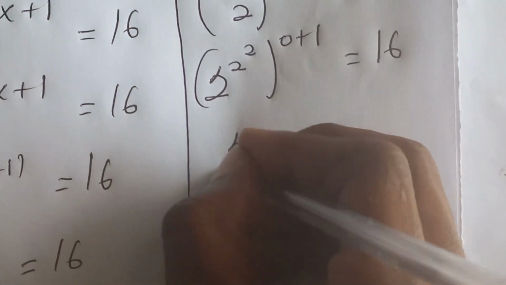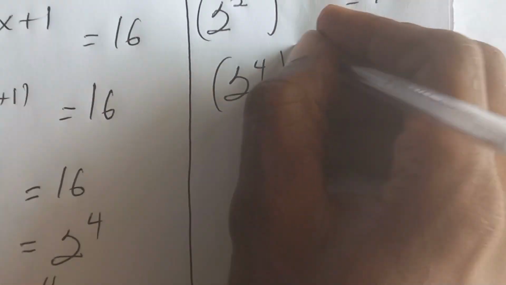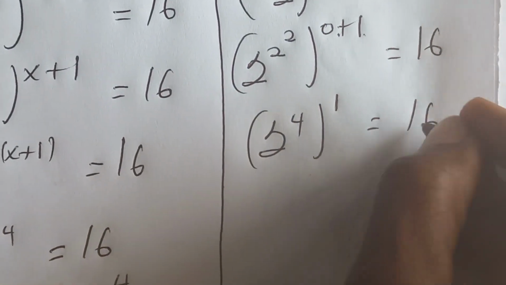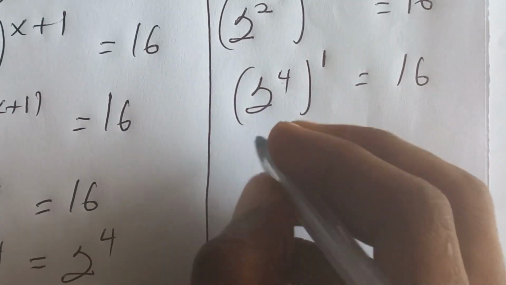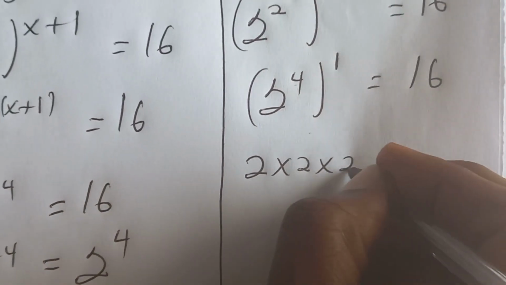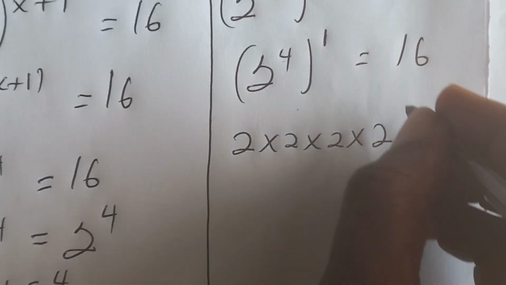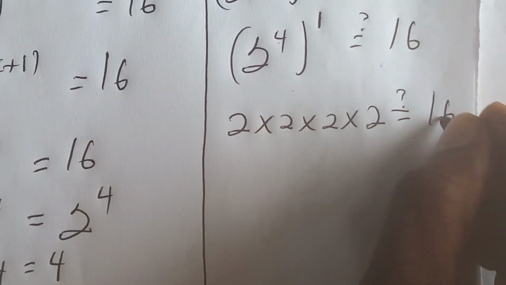So we have 2 exponent 4 bracket 0 plus 1 is 1, is equal to 16. Okay, so this is the same as 2 times 2 times 2 times 2, and it should be equal to 16.